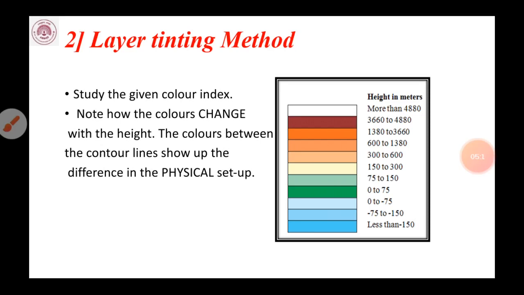Different colors are given and their heights are given in meters. For example, water bodies are colored blue, whereas the adjoining land is colored dark green. Land higher than that is colored light green. Next higher land is colored yellow and so on.